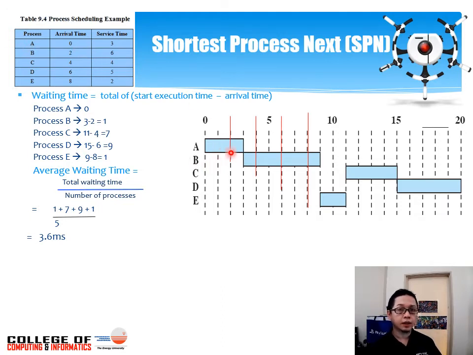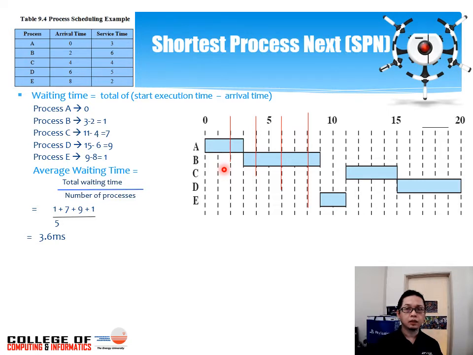Of course A arrived and it gets executed immediately because there is no competition. So A executes, and then during execution of A, B arrived. So B arrived during the second millisecond. So after A finishes, B executes immediately because naturally there is no competition, as A has already executed.